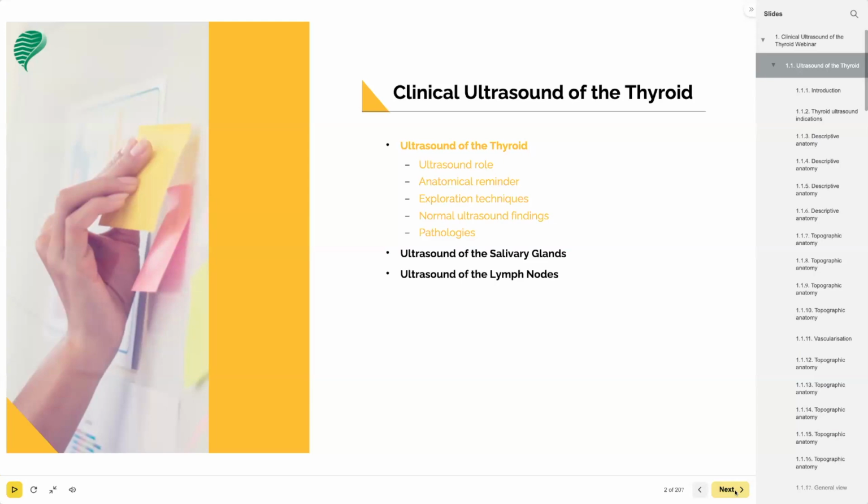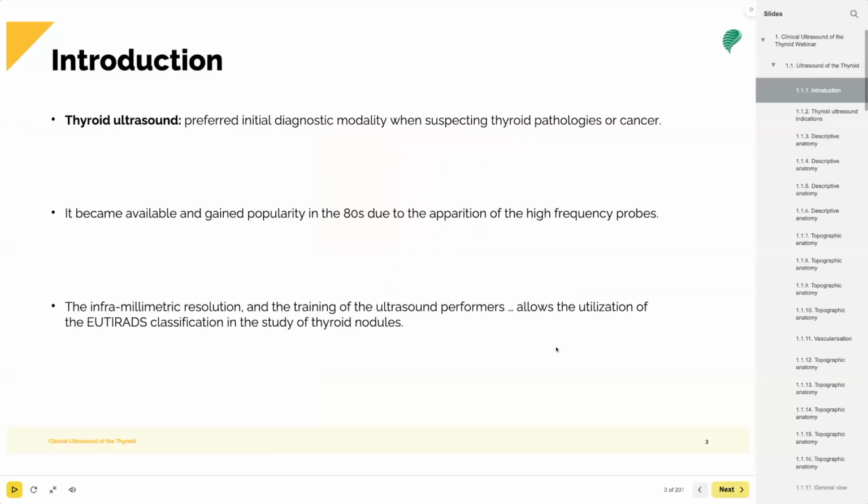General practitioners come across thyroid pathologies quite frequently. So it is very important that the ultrasound tech knows how to properly evaluate the thyroid. Some of the things that would warrant having a thyroid ultrasound would be suspecting pathologies or cancer.